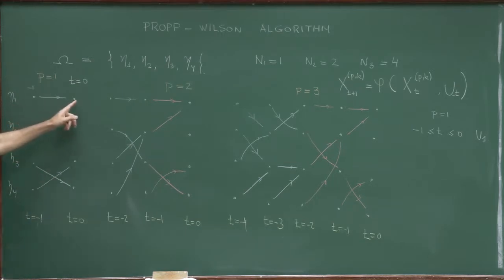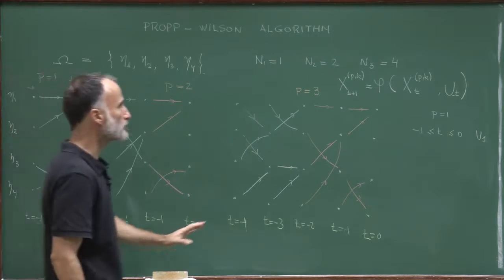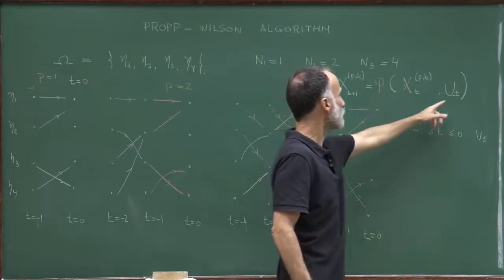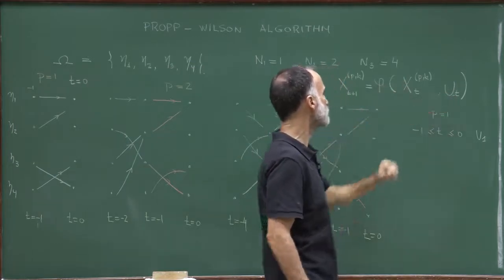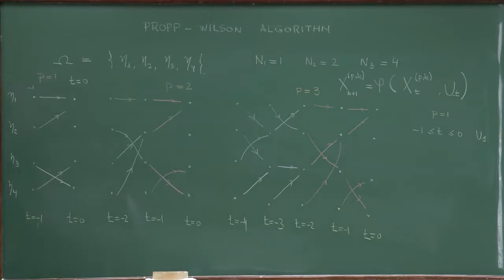So starting from eta 1, I reached at time 0 the configuration eta 1. Starting from eta 2, I reached eta 1. From eta 3, I reached eta 4. And from eta 4, I reached eta 3. So this is the result of this equation with u1 being used. And as you see here at time 0, not all configurations are equal. If I start from eta 4, I reach a configuration which is different from the one I reach at time 0 if I start from eta 1.